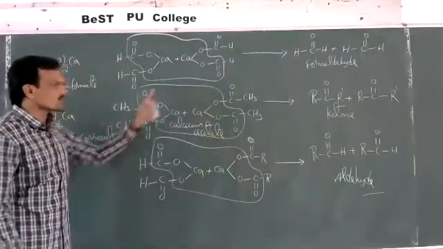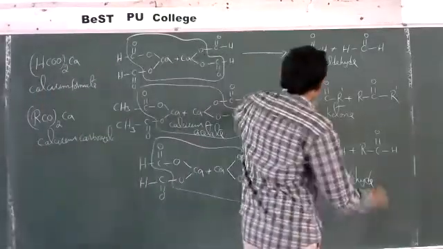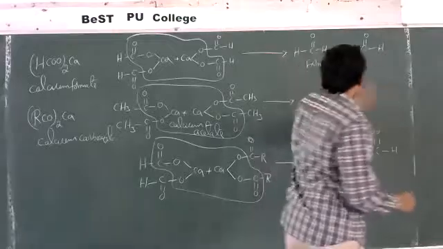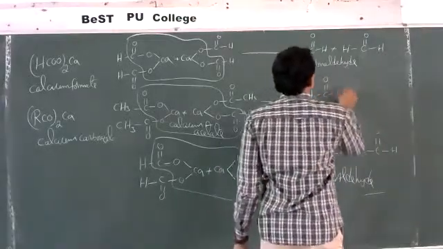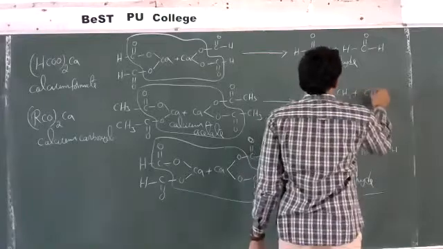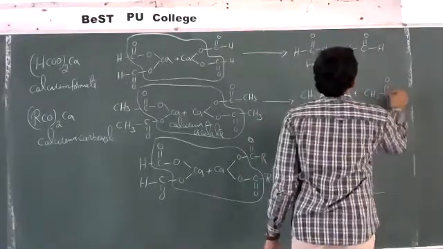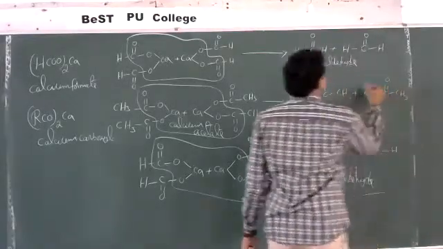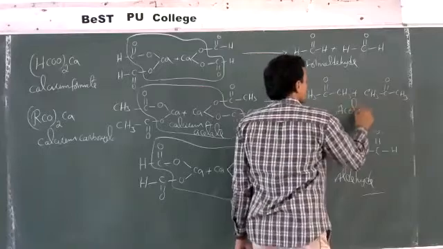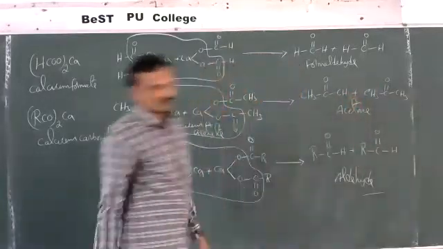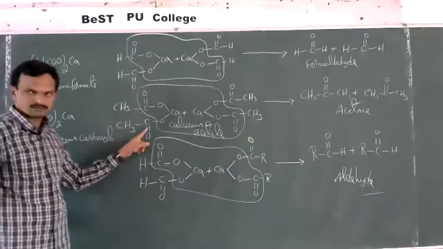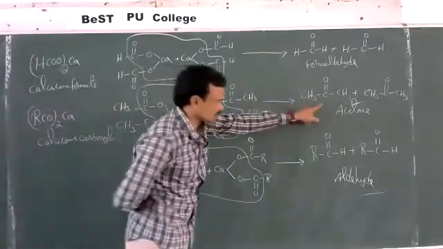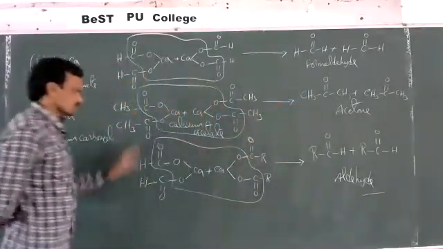So distillation of calcium acetate gives, 2 moles of CH3COCH3. So we can get 2 moles of acetone. So distillation of calcium acetate gives acetone, like that.